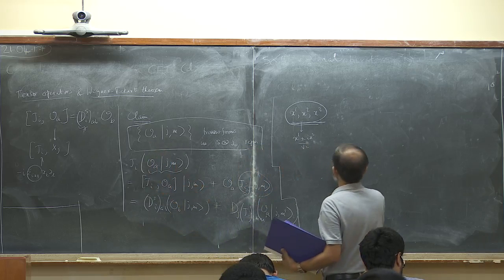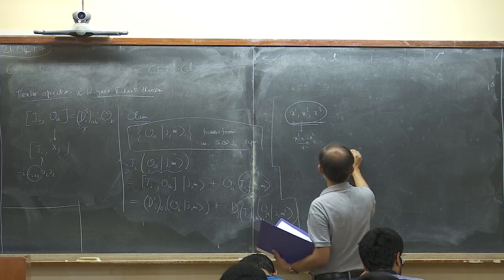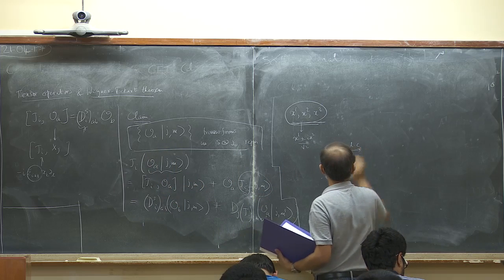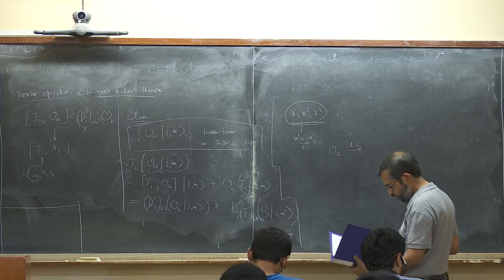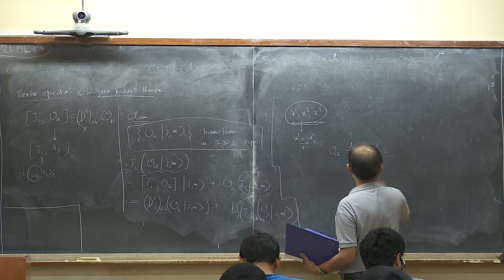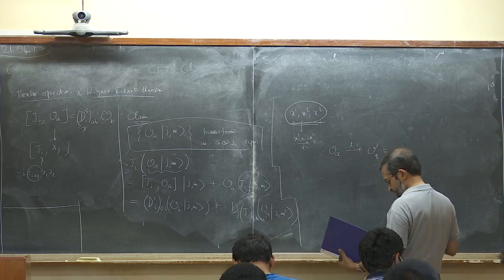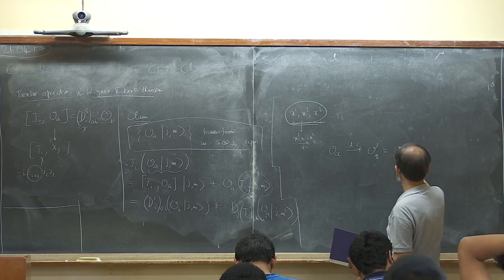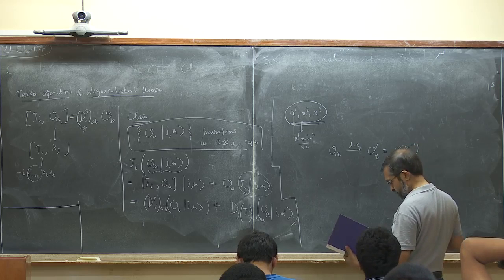So let's start from some O_A and take linear combinations in such a way that I get this defined in terms of some rotation.